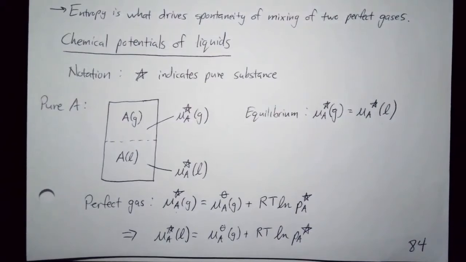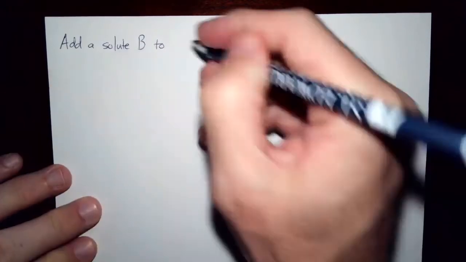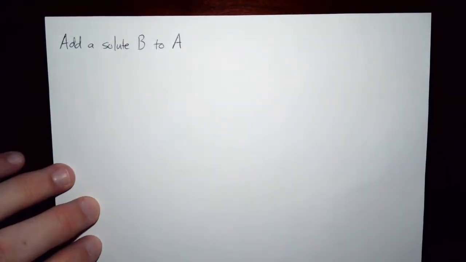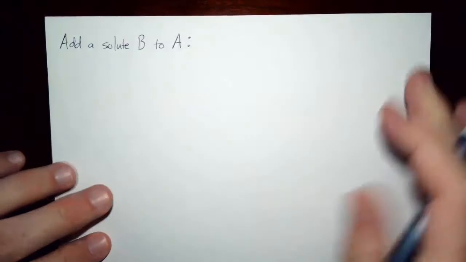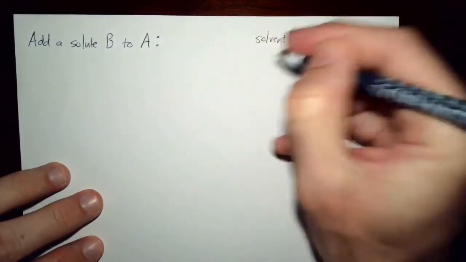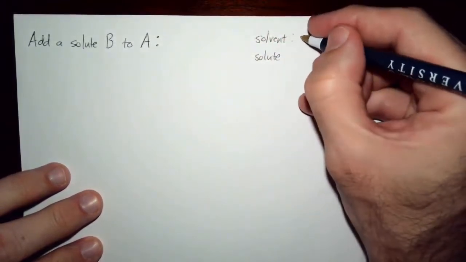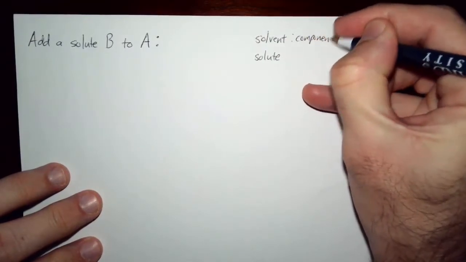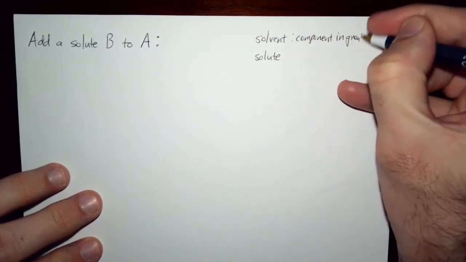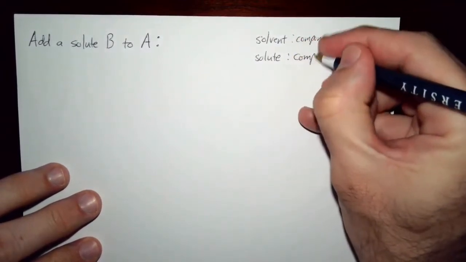Now let's talk about a mixture. Okay, so now we're going to add a solute, B, to substance A. And just as an aside, when I say solute and solvent, what we mean here is that the solvent is the component in the greater amount, and the solute is the component in the lesser amount.